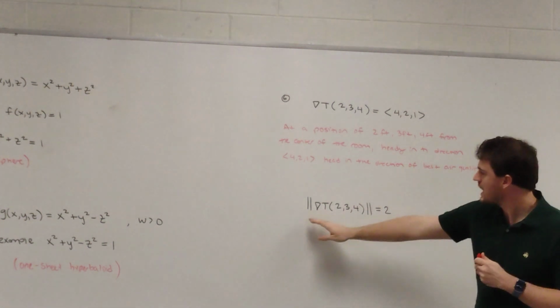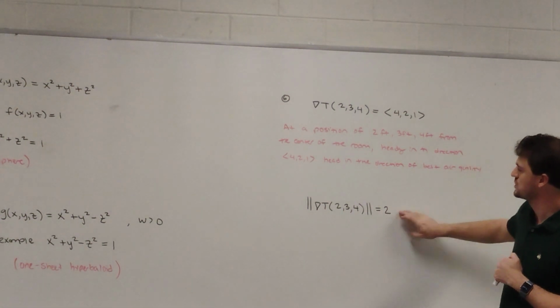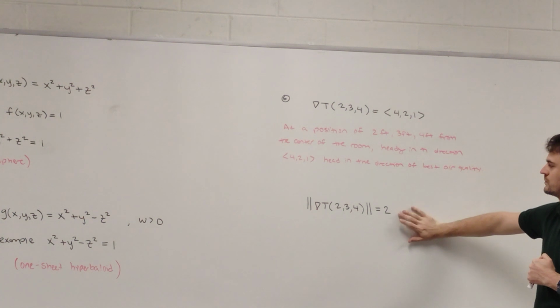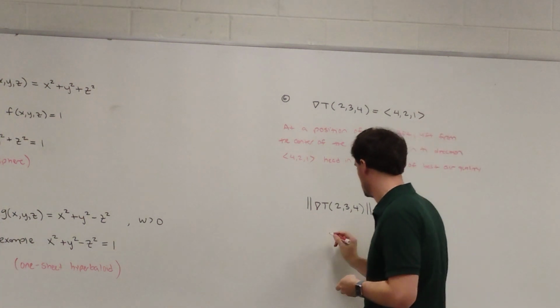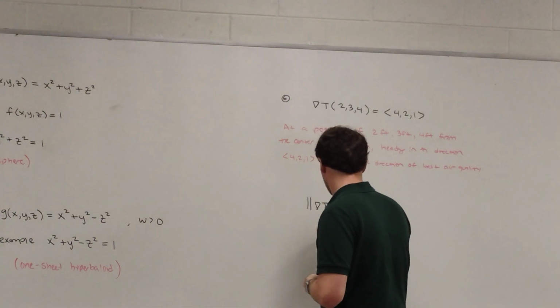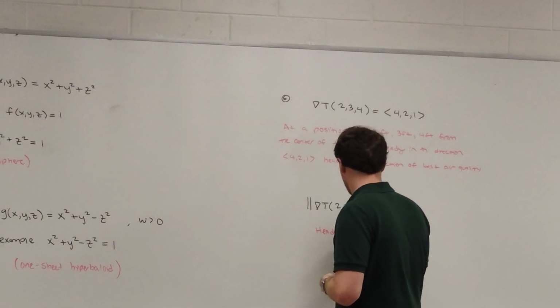Now the next one is just asking us to interpret the magnitude of that vector. What does this say? It could be the speed at which you're going in that direction. Yep.